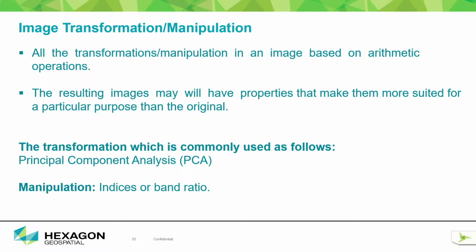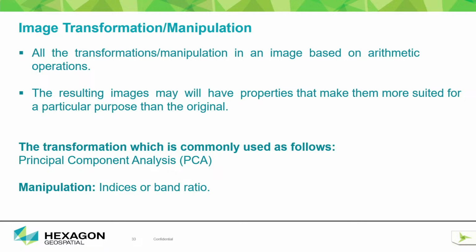And another thing is that the resulting image will have properties that make it more suited for a particular purpose than the original. So NDVI is a well known purpose, we know that, but something is not well explored, or we have a new project and we want to identify some features that are not previously identified and no model has been developed for these features.